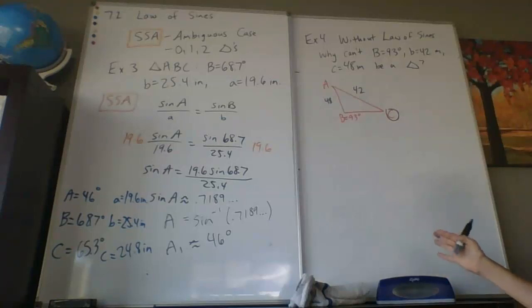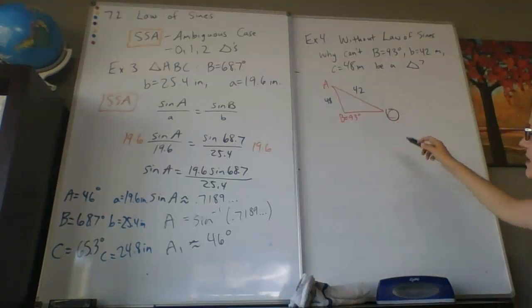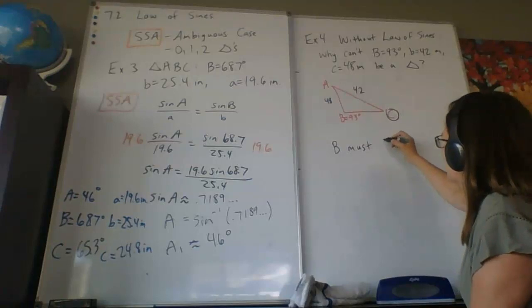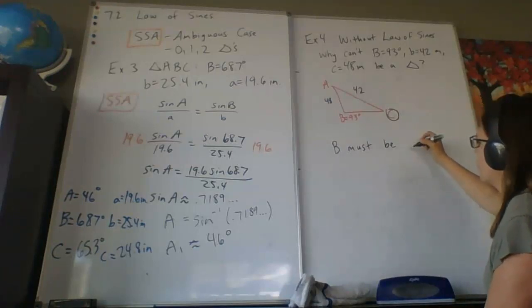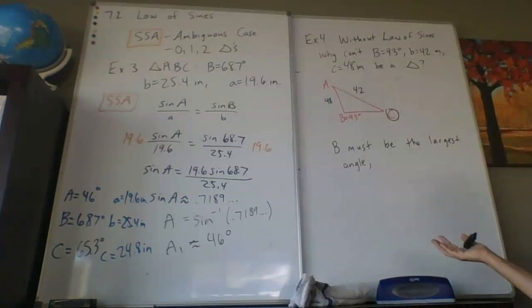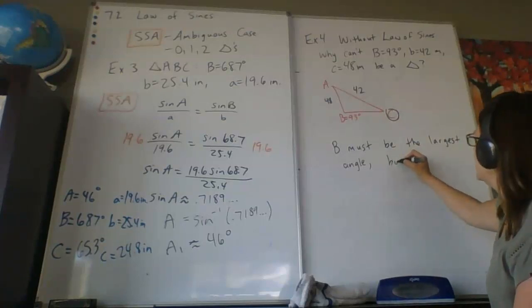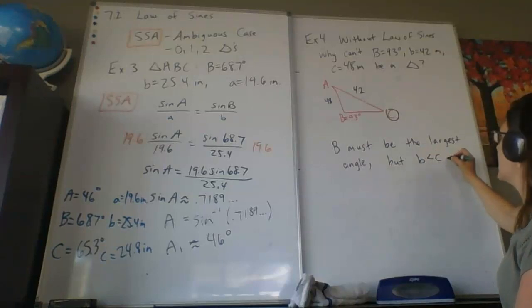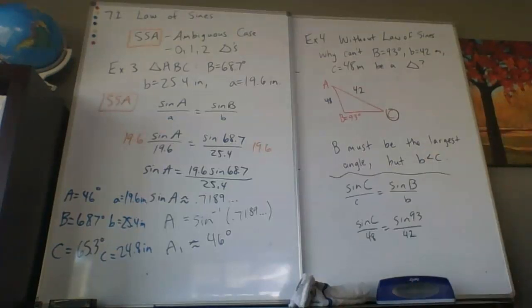And that is impossible because A plus B plus C, all three angles must add up to be 180 degrees. So B must be the largest angle because it is obtuse or more than 90 degrees. So it should be opposite the largest side. But B is actually less than C, which is not allowed.